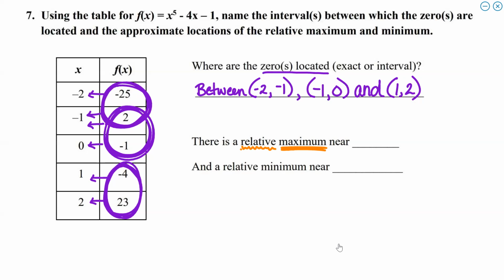And then when I go from 2 to -1, have I gotten bigger or smaller? Smaller. So I was getting bigger, and now it's turned and it's getting smaller. So somewhere right in here there is a relative maximum. It is near x equals -1. I don't know where exactly, but if I look on the x-axis and I'm over by that -1, I'm going to see it having turned over there.